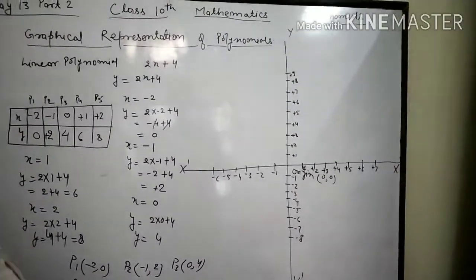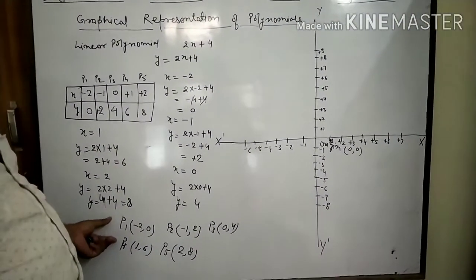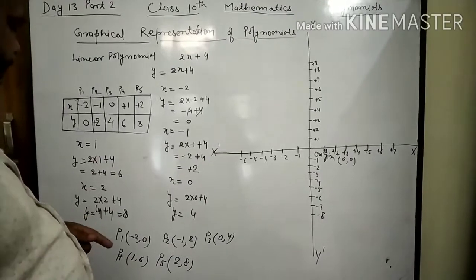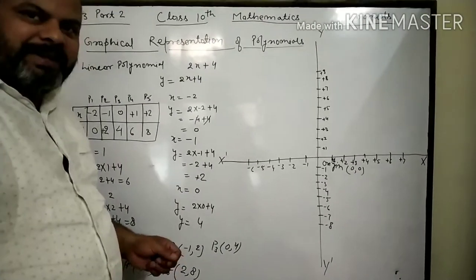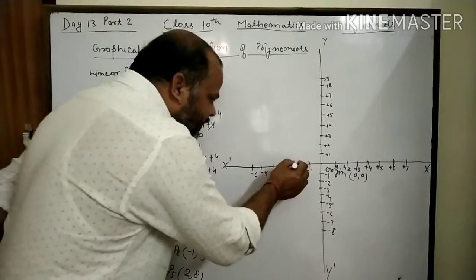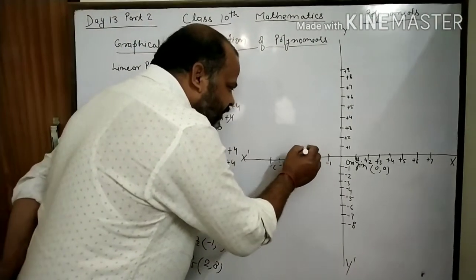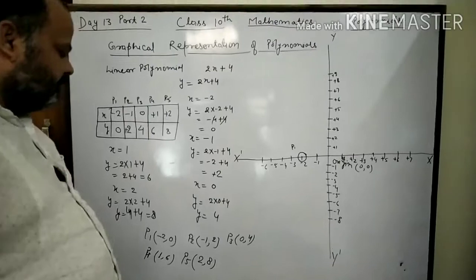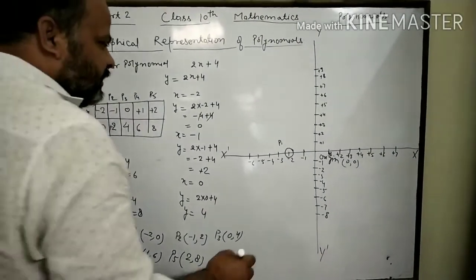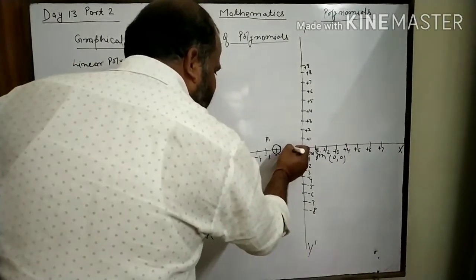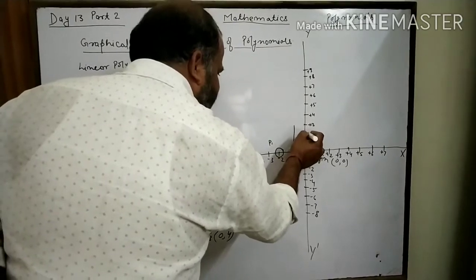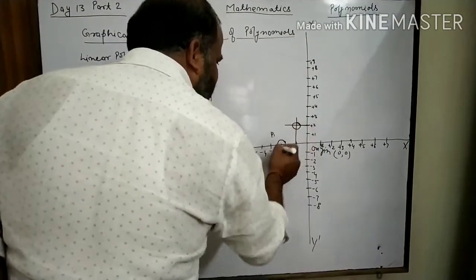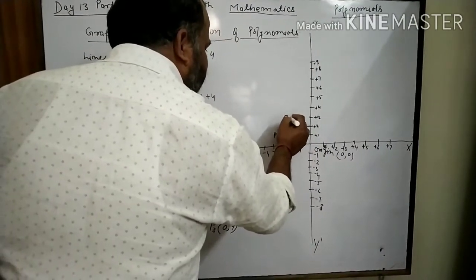Here, first the value minus 2, 0. Then y is 0 on the x axis and x is minus 2. Then this is our first point, P1. P2 is minus 1, 2. Then it is minus 1 and it is 2. Then this point is P2.